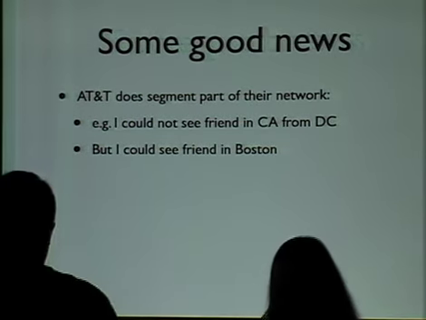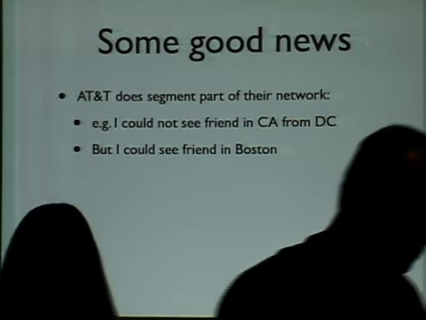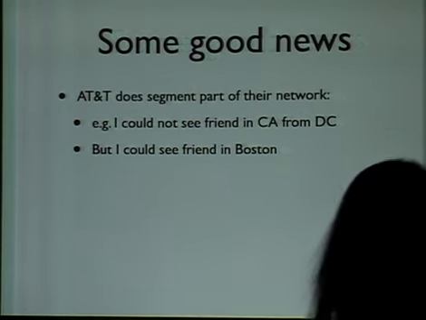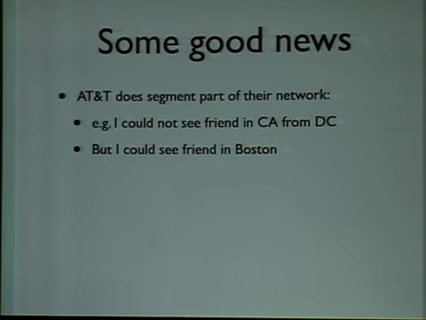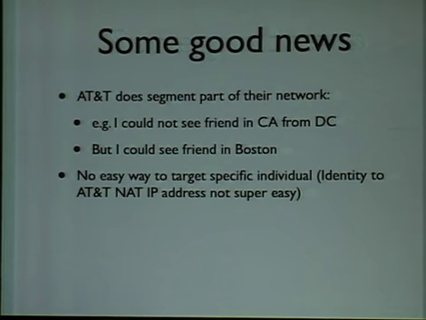That said, I could see cell phones that somebody told me were in Boston walking down the street, or the Carolinas, so it wasn't completely segmented. Again, right before I gave my talk, I popped my SIM card into my air card and started scanning, just to make sure that it's all still filtered. I think those worms probably gave the good folks at AT&T a pretty good scare.